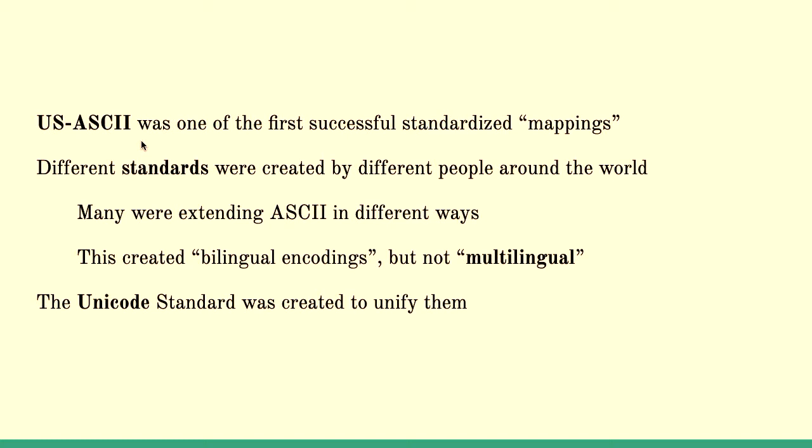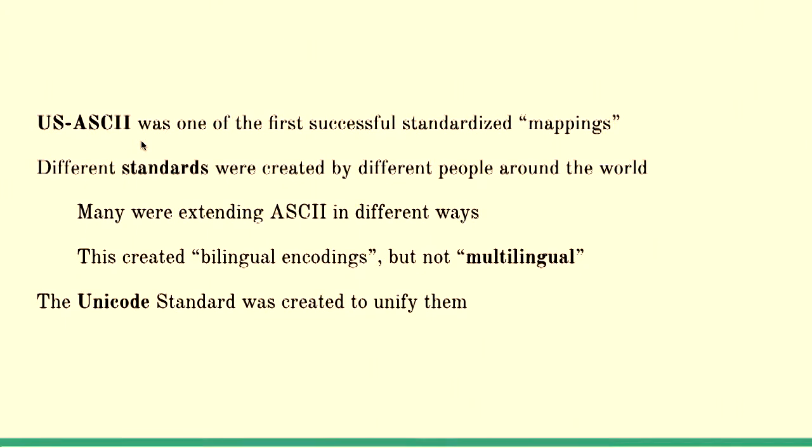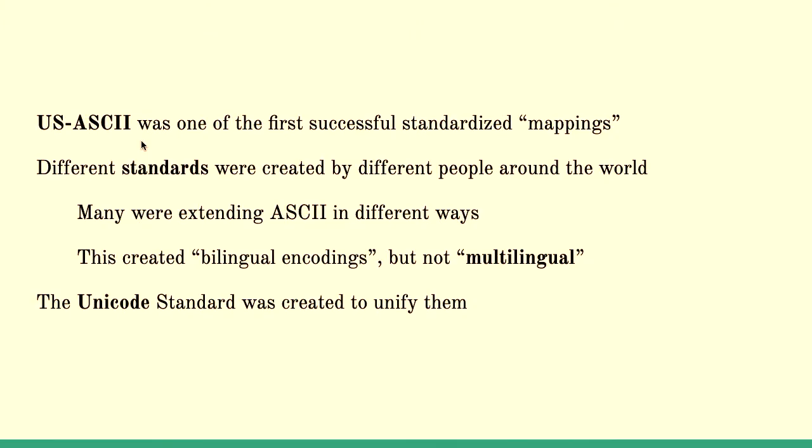We needed to agree on a way of how to transform these letters into numbers that can be read by different machines. So US ASCII was invented then. And then, after that, different standards were created by different people around the world.